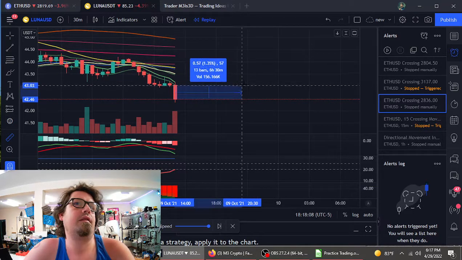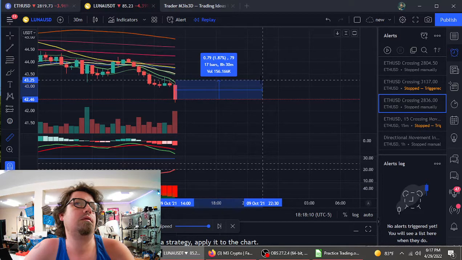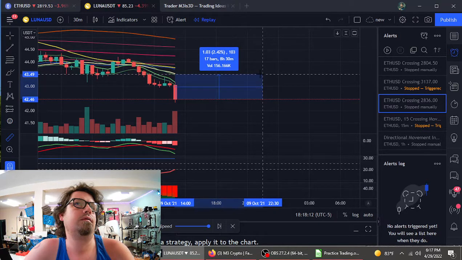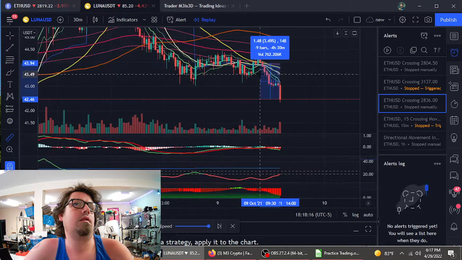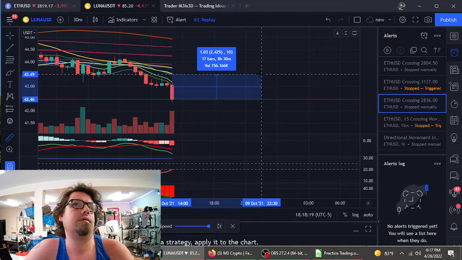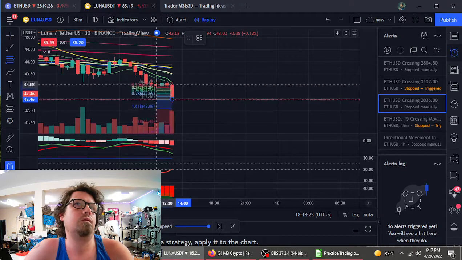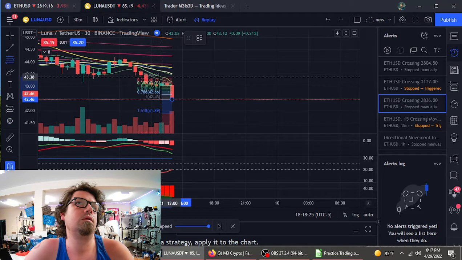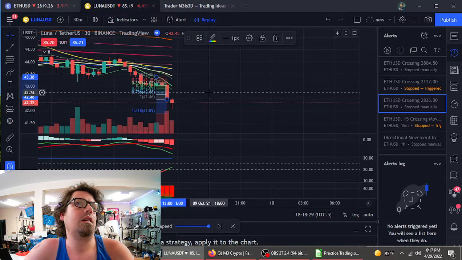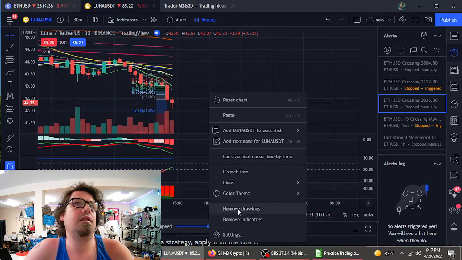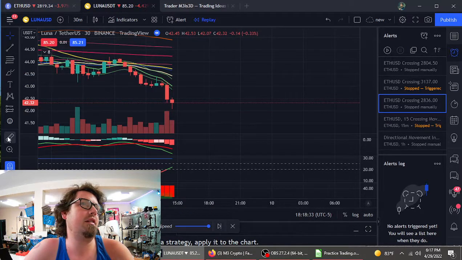Let's do fibs. First fib, that fib. Alright. Got like 3/4 of the way there.